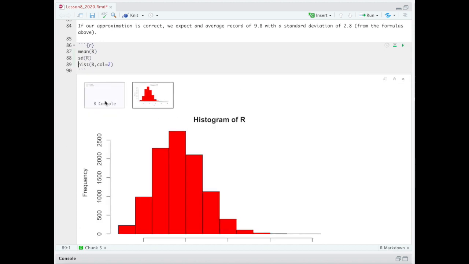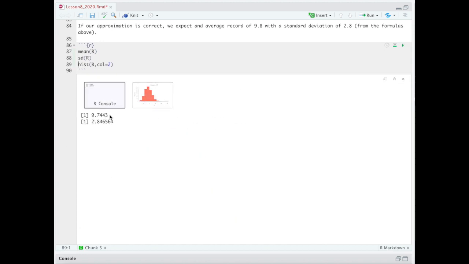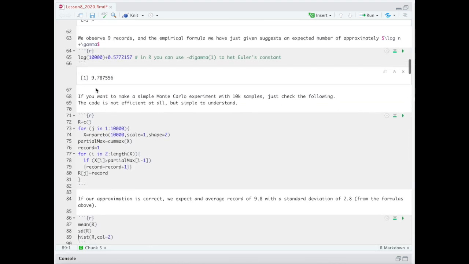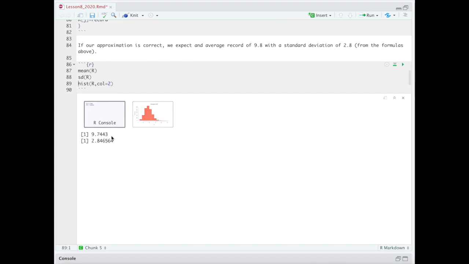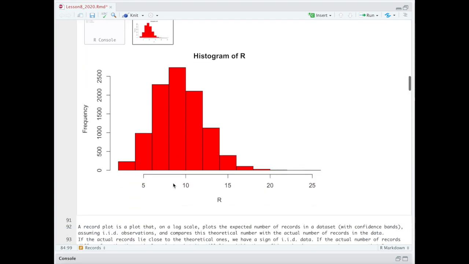We find out that the expected number of records in the different samples is 9.74, which is actually very close to our 9.78, and if we round, to our 9.8. And as for the standard deviation, it was expected to be 2.8, and for us it is 2.84. So definitely good. And here you see the histogram.